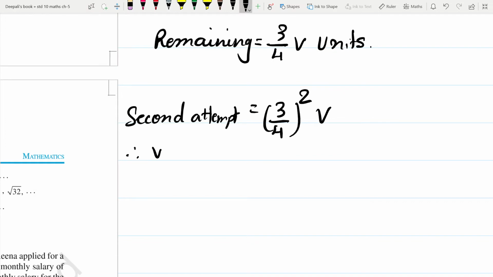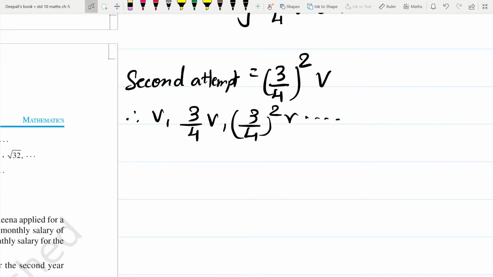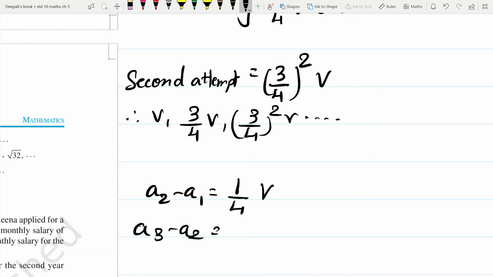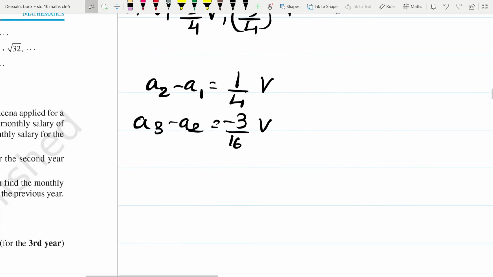Therefore, our sequence will be V, 3 upon 4 V, 3 upon 4 square V, and so on. And if I try to check A2 minus A1, I get minus 1 upon 4 V, and A3 minus A2, I get minus 3 upon 16 V. So here A2 minus A1 is not equal to A3 minus A2.